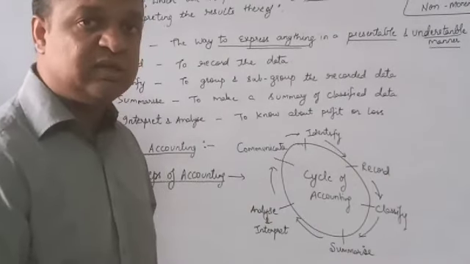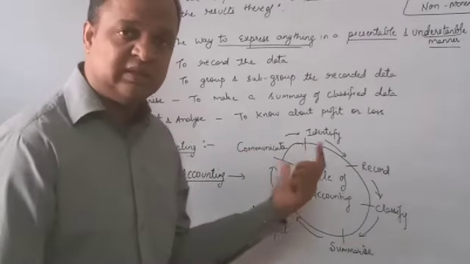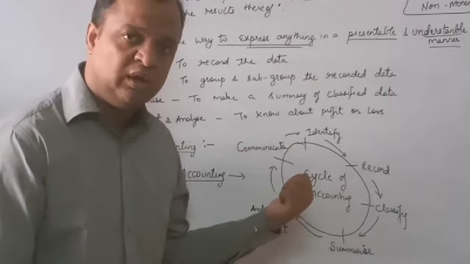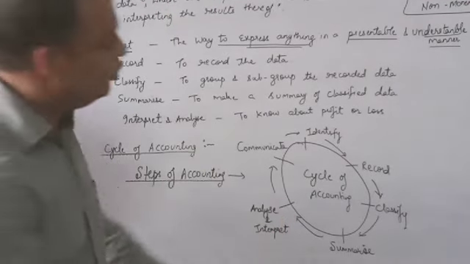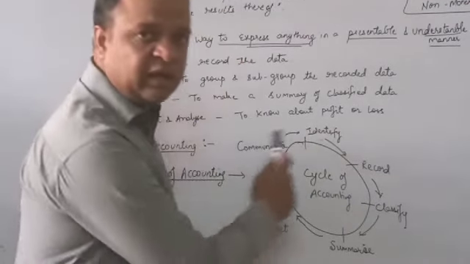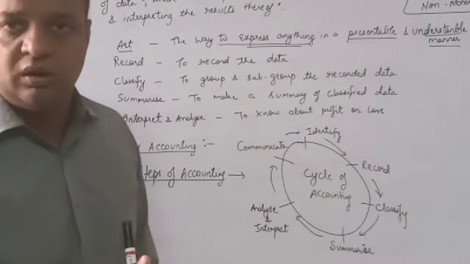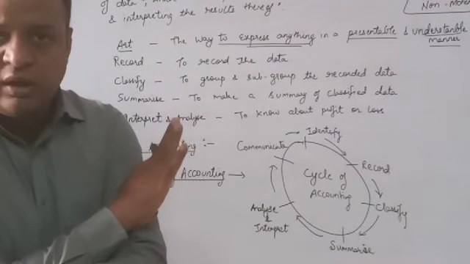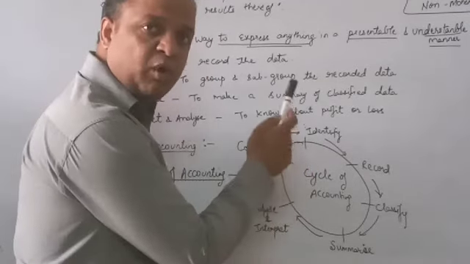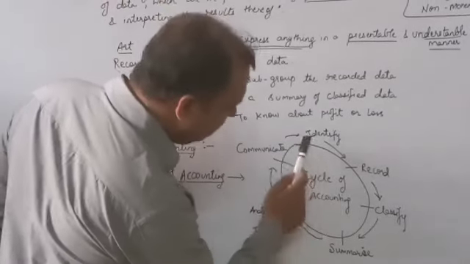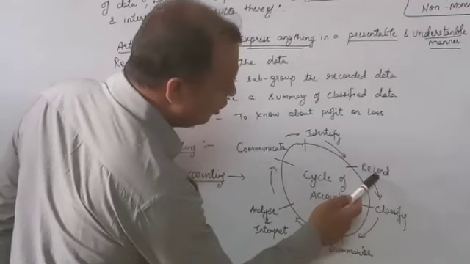Once accounting data is in a monetary value, it is part of accounting. If it is non-monetary value, it will not be further taken for consideration, meaning that is not part of accounting at all. Once it is identified, yes, it is a monetary transaction, then it will be further recorded.